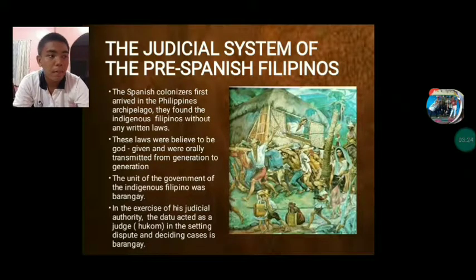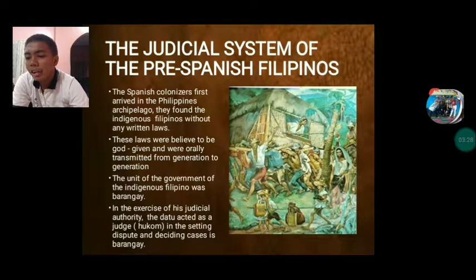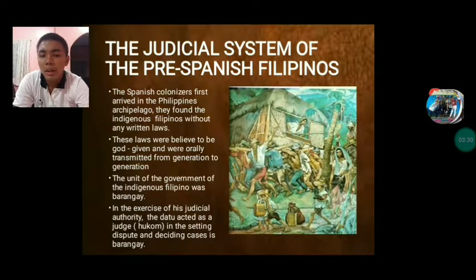So before, we Filipinos did not have any written laws implemented in our country. These laws were believed to be God-given, orally transmitted from generation to generation. So before, they had laws, but not written, only oral.